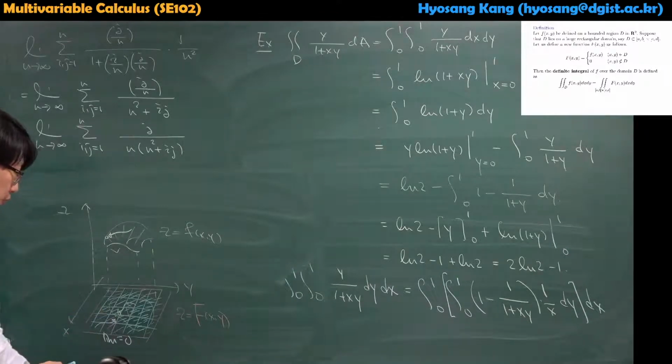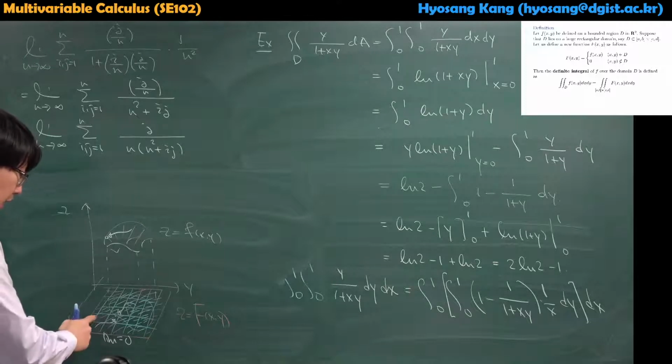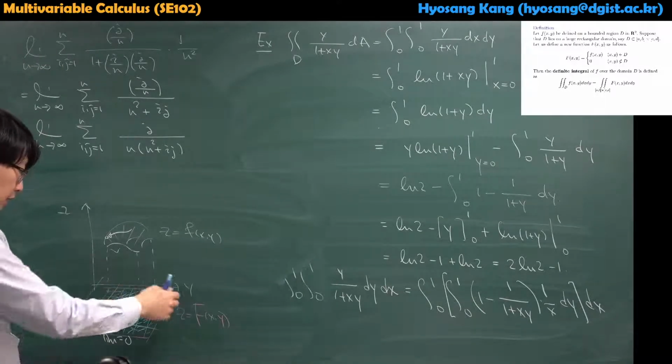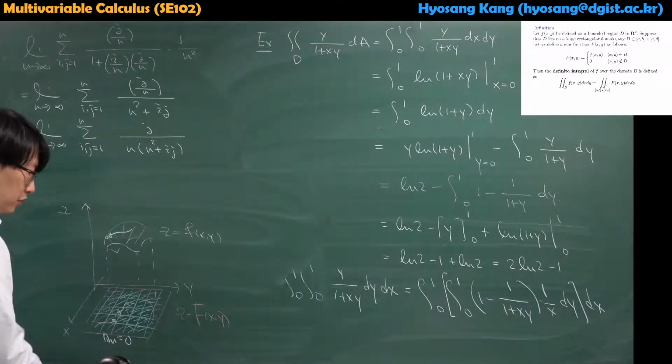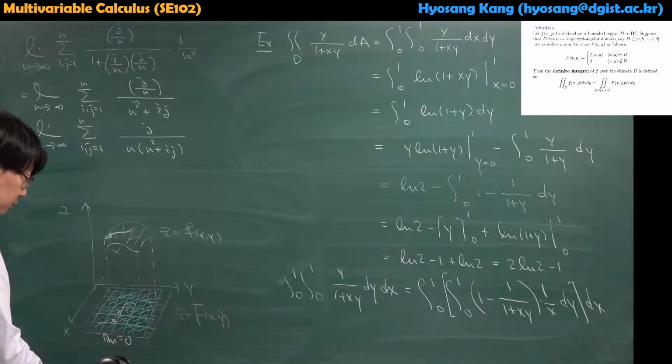I don't want to worry about the regions that don't intersect D, because the height will always be 0, since the value of the function outside the region D is always 0.